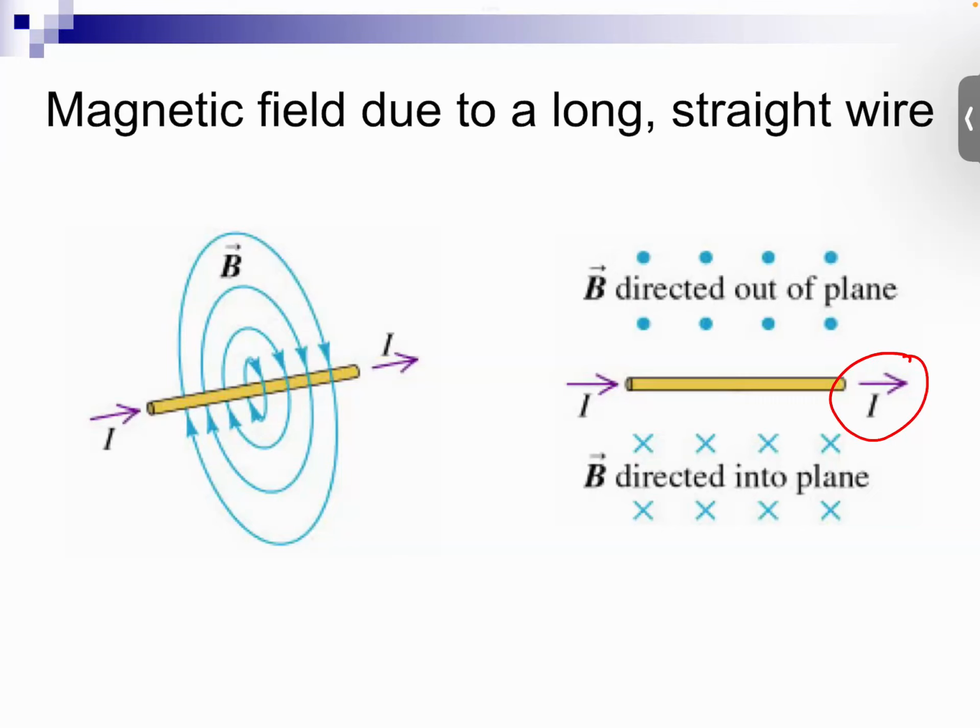Okay, so if this is the straight wire here, above the wire, the magnetic field is pointing outwards, but below the wire, the magnetic field is pointing inwards. And so you have these two different directions for the magnetic field created by this current that's flowing to the right. Okay.